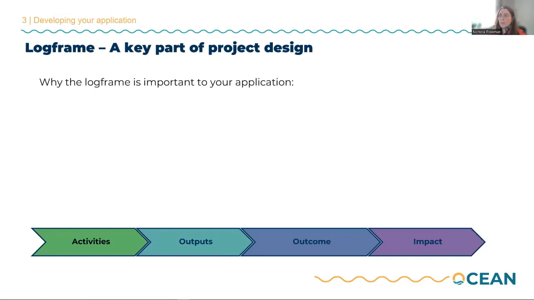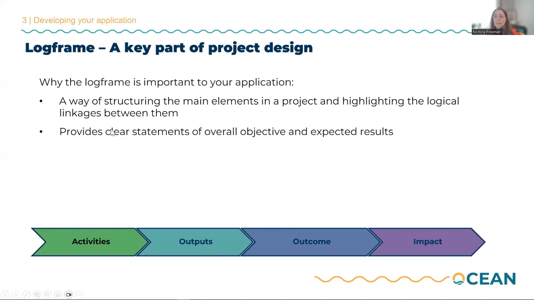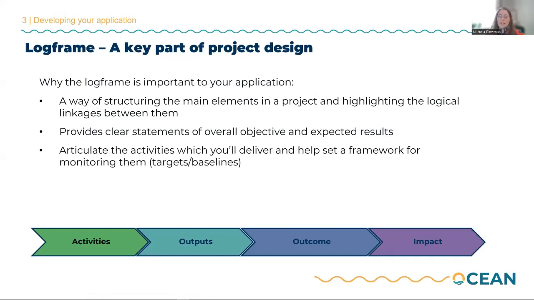We just want to summarize why the log frame is important for your application. It's a way of structuring those main elements in the project and highlighting the logical linkages between them. It provides very clear statements of your overall objectives and expected results. And it starts to lay out all of the activities that you're going to deliver and helps set that framework for monitoring them using targets and baselines.